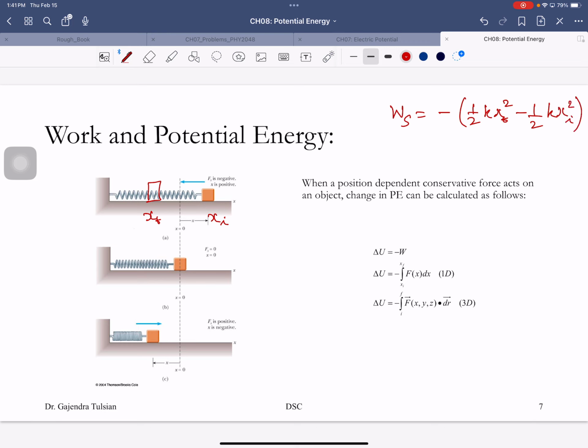Okay? And the work done is the same whether the mass went like this, or any of the infinitely many paths it took to get there. Okay? See, the work done just depends on the initial and final points. It does not depend on the path taken. Okay? All right.